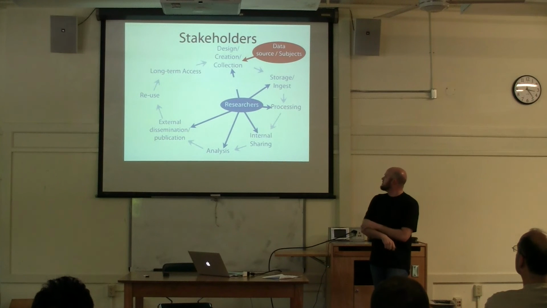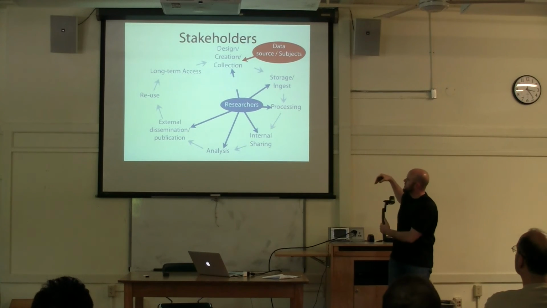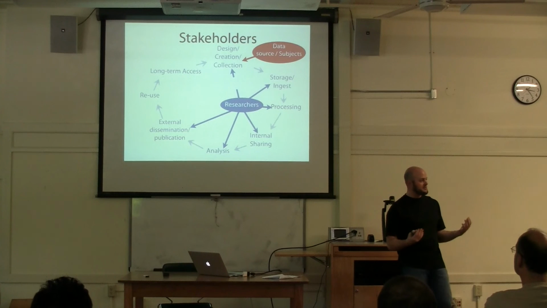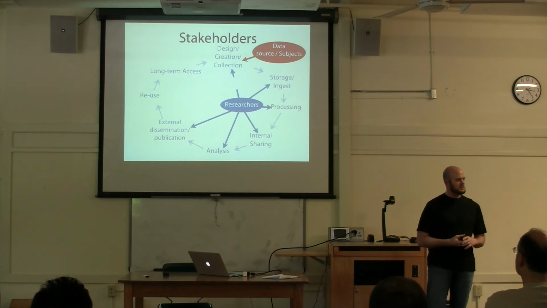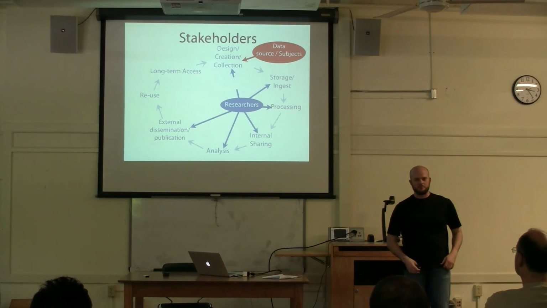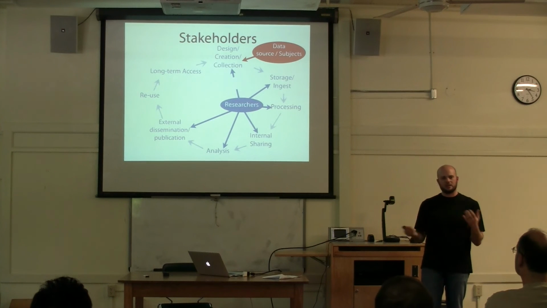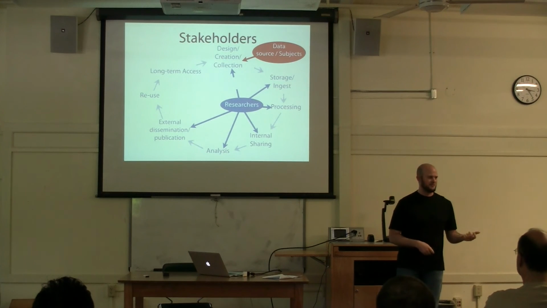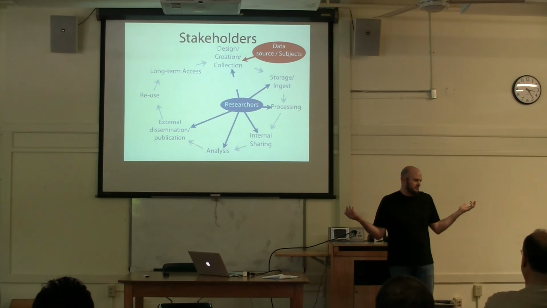The researchers are heavily on this bottom and right side here. They're interested in the storage, and if they don't have an easy way to ingest data into these kinds of large web-based systems, then it's not going to get used, right? You're going to find something easy like Dropbox instead of Scholars Bank. If it's too difficult to use Scholars Bank, it's just not going to work.